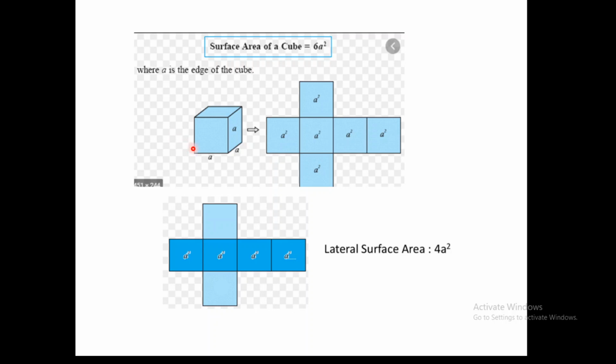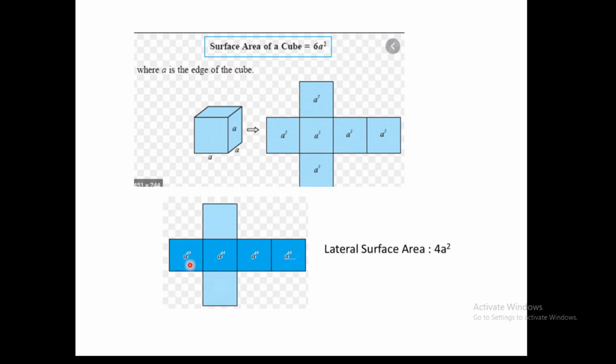Next we are going to discuss the total surface area of a cube. We know in a cube, all the faces are identical squares, right? So the area of each square is side square. Here each edge is A, so the area of each square is A square. How many A squares here? 6A square. So 6A square is the total surface area.